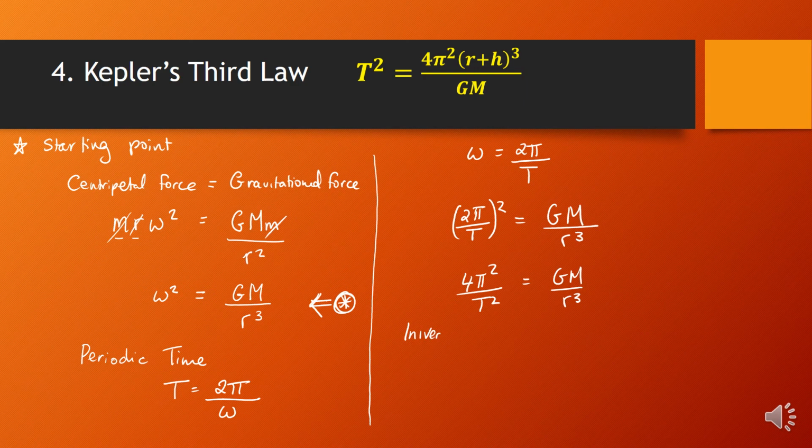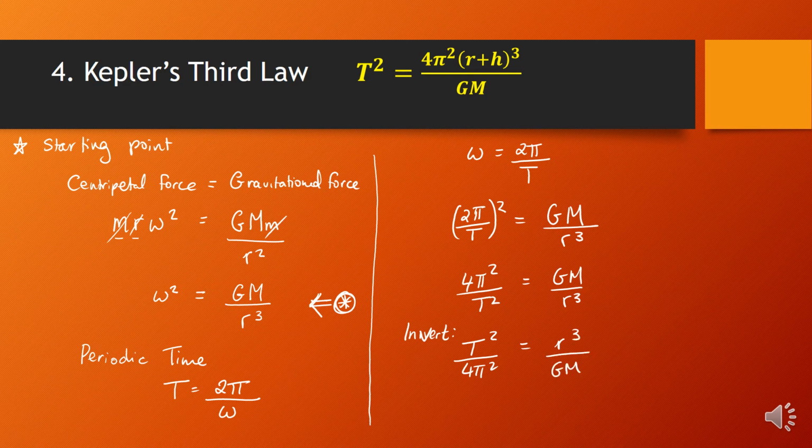And the next step will then be to invert that. When you have one fraction on either side, you can invert both, and that will give us T squared on the top line, because we want our expression to be T squared equals. So inverting, we get T squared over 4 pi squared equal to r cubed over GM.